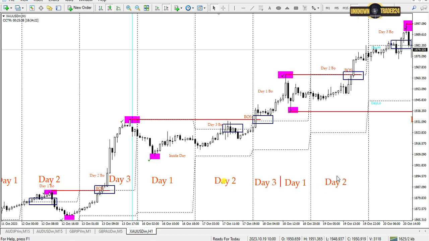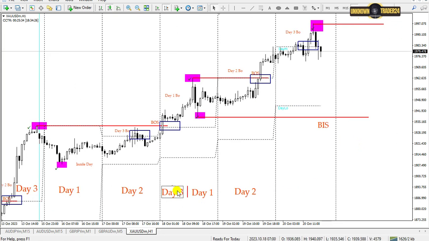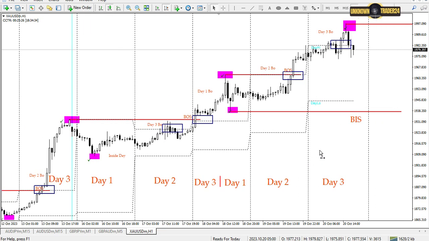So Thursday is a day 2 on a weekly template, and as always, Friday becomes a day 3. So on Wednesday and Friday, you will be on a day 3, and something good will emerge.